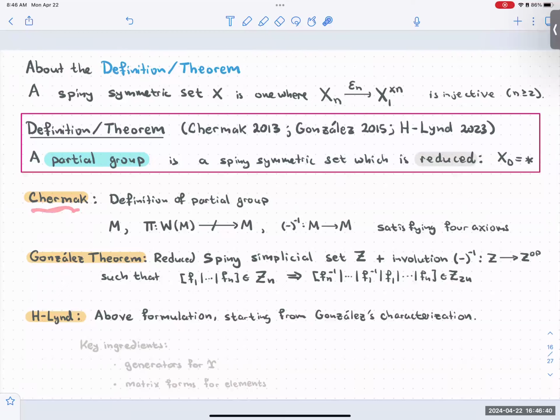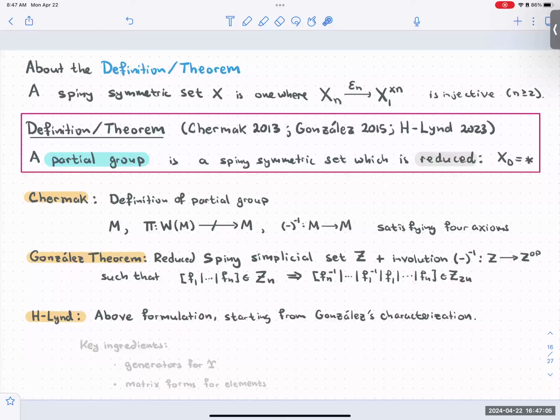Andy Chermak did all the initial work, invented partial groups in this form, but with a very hands-on definition where you had explicitly defined partial products from the set of words in your set, along with an inversion operation, and then you satisfied a bunch of axioms.